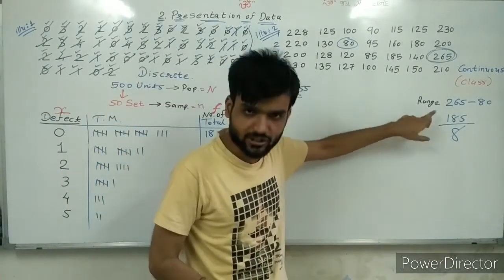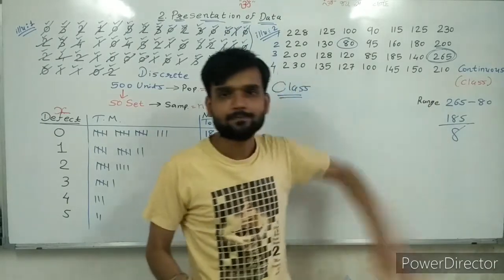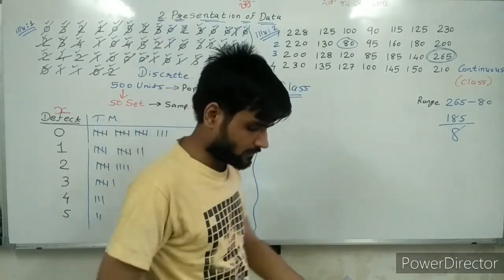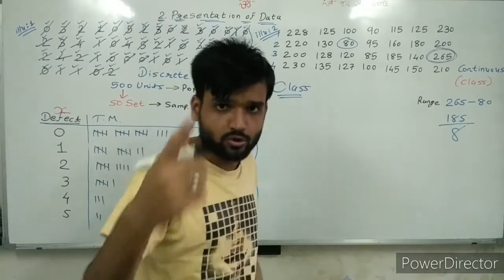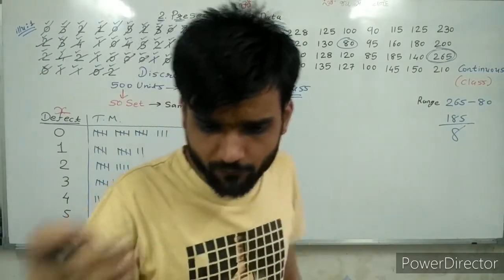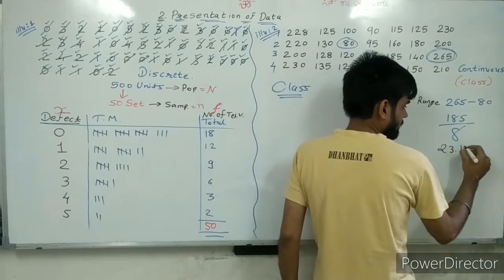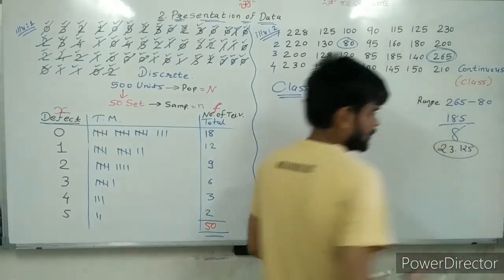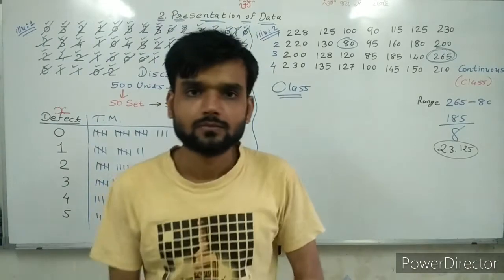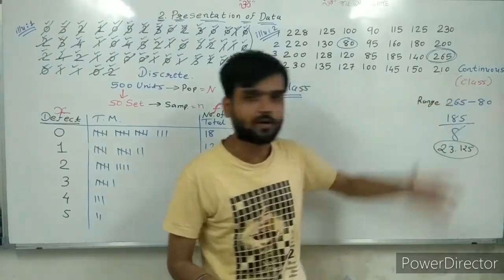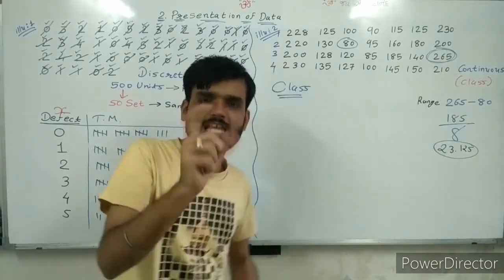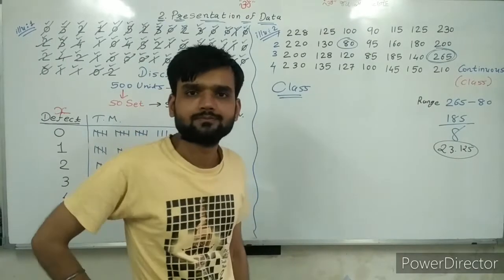First of all finding range, and range divided by 8, because 8 classes we need to prepare. So if you divide it, we get the answer 23.125.